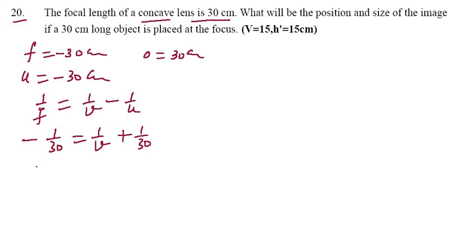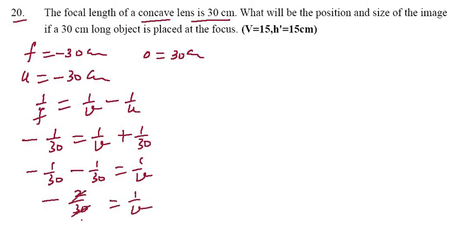Now minus 1 upon 30 minus 1 upon 30 is equal to 1 upon v. So we can say minus 2 upon 30 is equal to 1 upon v. So it will be 15. So v is equal to minus 15 centimeters.